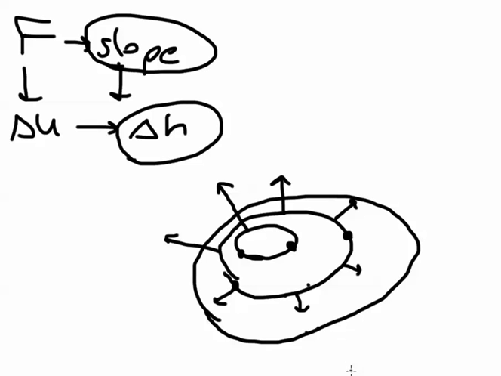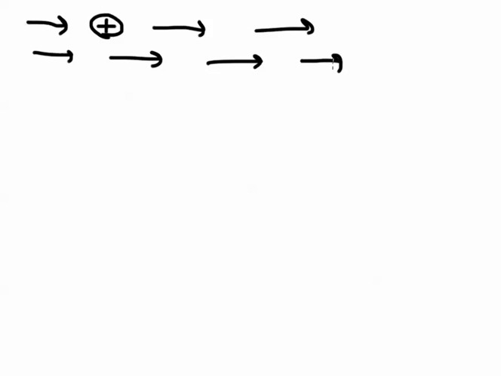So let's do electric fields next. To do electric fields, I'm just going to do the same thing. So there's going to be a particle, let's say a charged particle, and it's in some electric field, and the particle experiences a force. So in this case, a positive charge put in an electric field will try to follow the field lines.